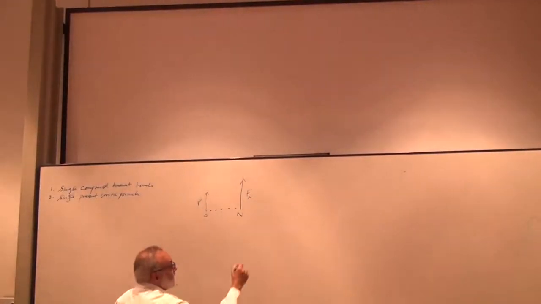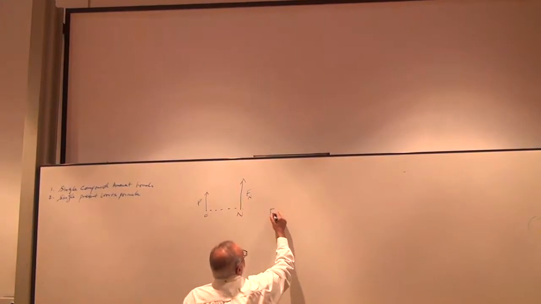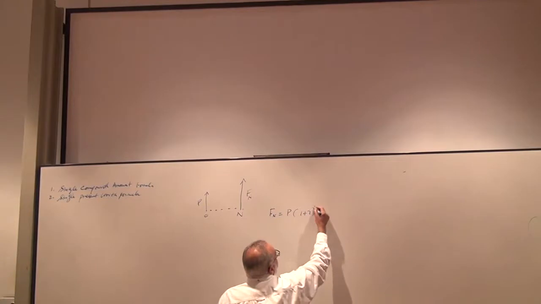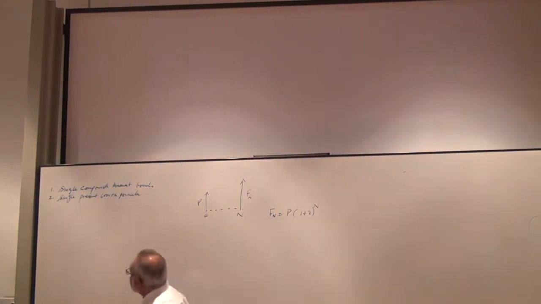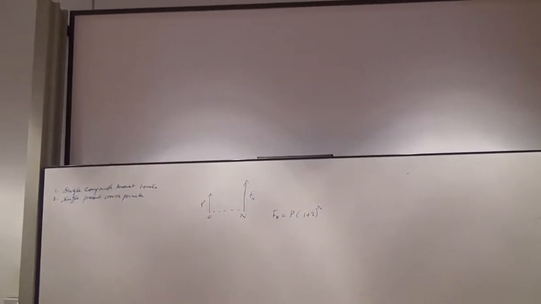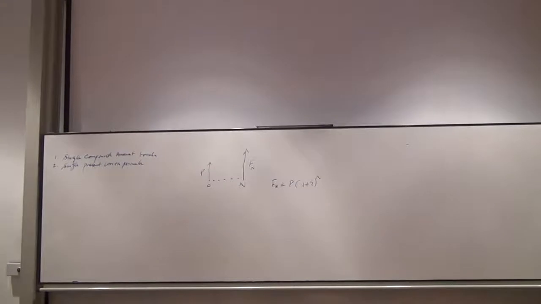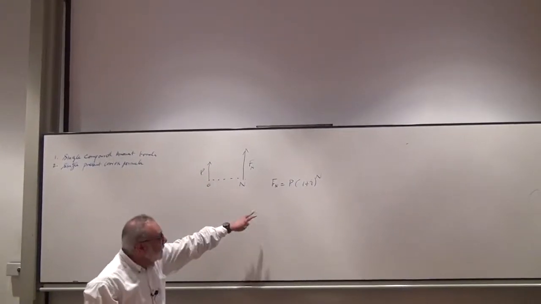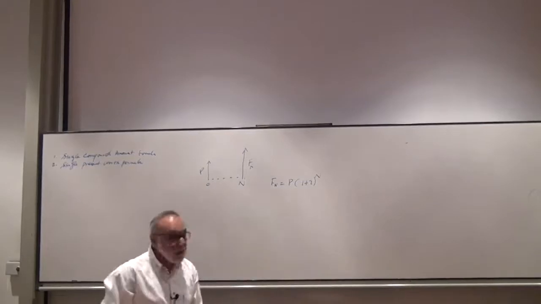So it is Fn is equal to P into 1 plus I raised to power n. I is the interest rate, and n is the number of periods, P is present value, F is future value. This is a single compound amount formula, single payment is there, and this is our equation.